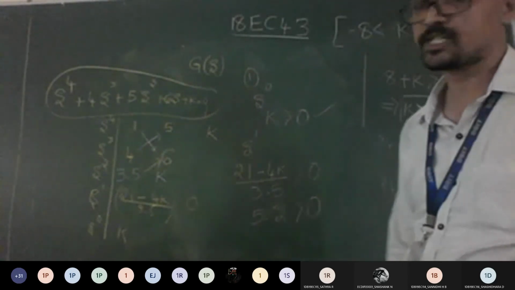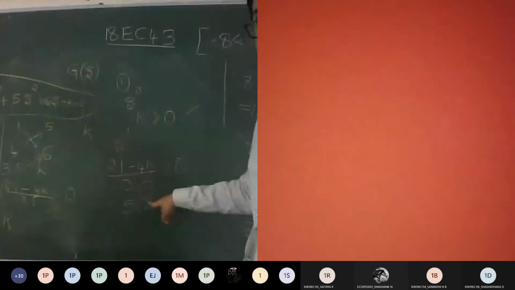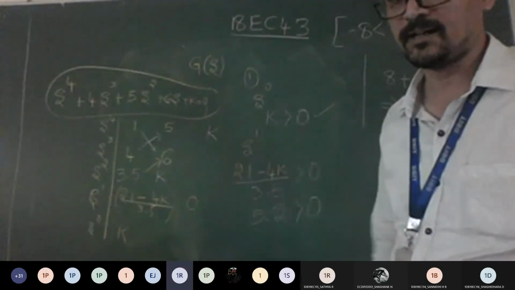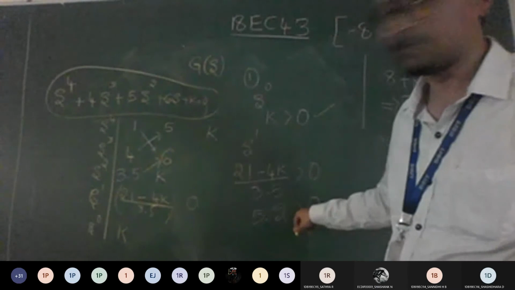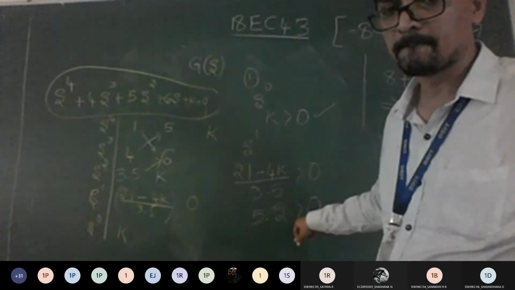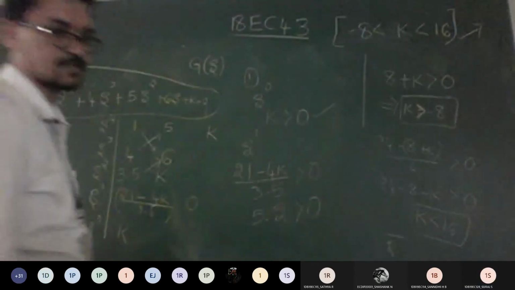So you can write the range of k varying from s1 to s0. It means 5.25 to 0. Correct? 5.25 means 21 by 4. Okay, so just finish up the answer.